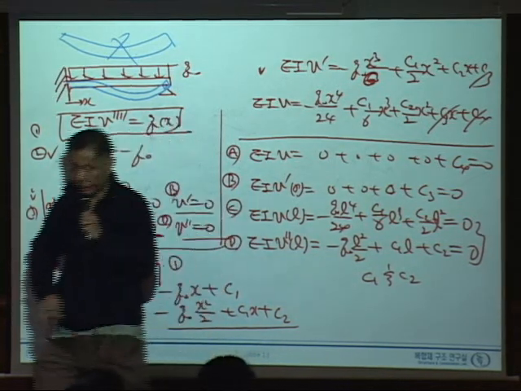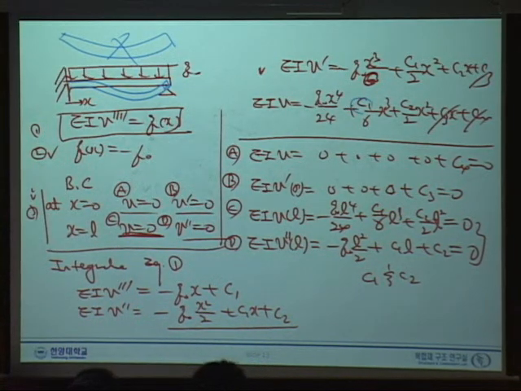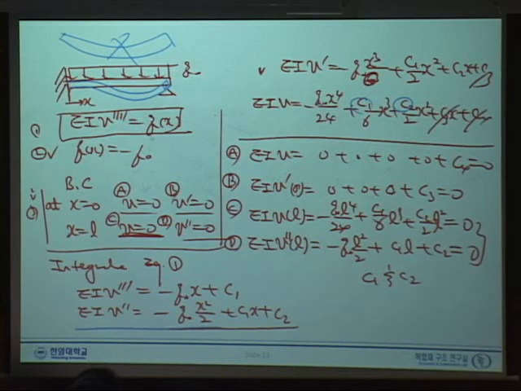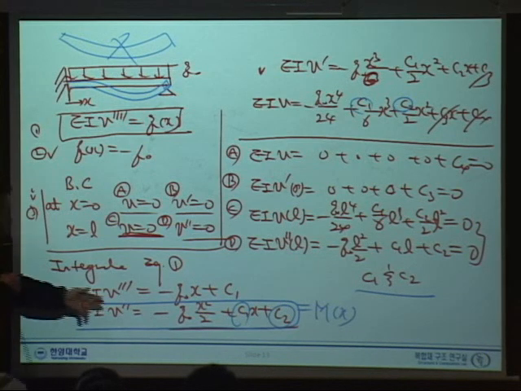How are we going to get moment distribution? Well, since we know C1 and C2, this is what? This is the moment function of x. C1 and C2 are already given, right? So this is the moment distribution.